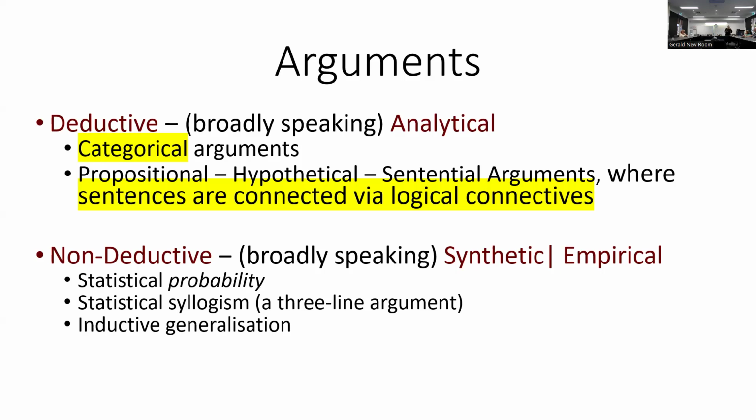And then we have non-deductive arguments, and they are broadly speaking synthetic, empirical. Deductive arguments are analytical. You can argue without going into the world. Remember when I was talking about the bachelors: all bachelors are unmarried. Do you need to go and talk to each bachelor? No, you don't. With homicide, the victims usually don't speak to police.